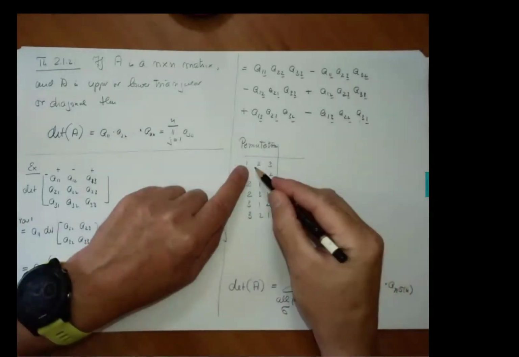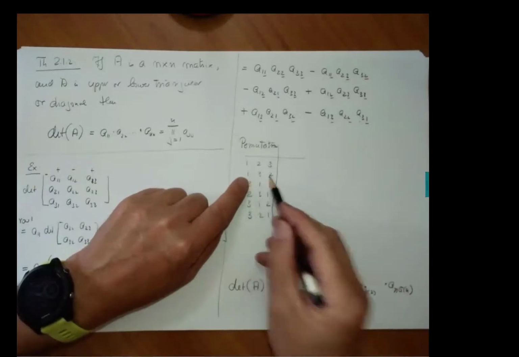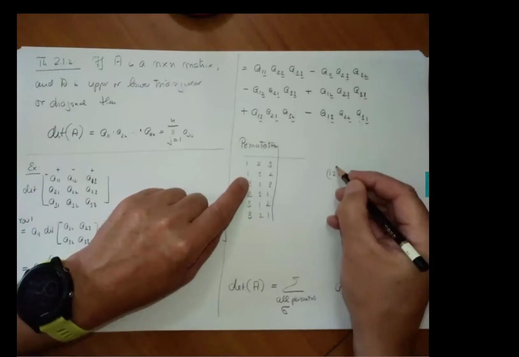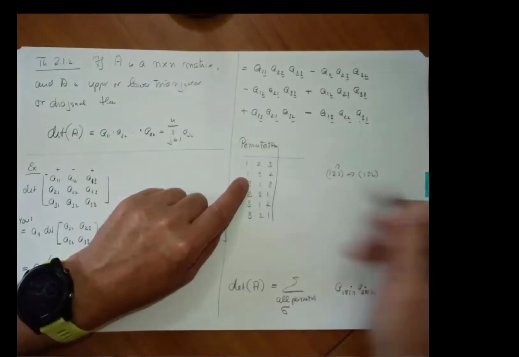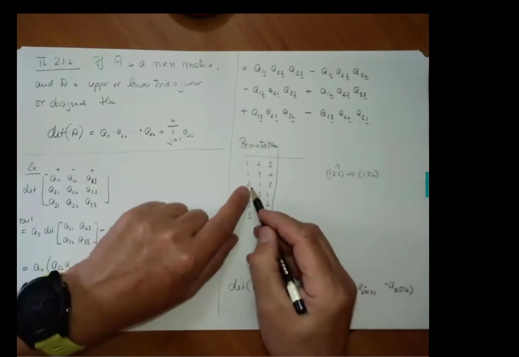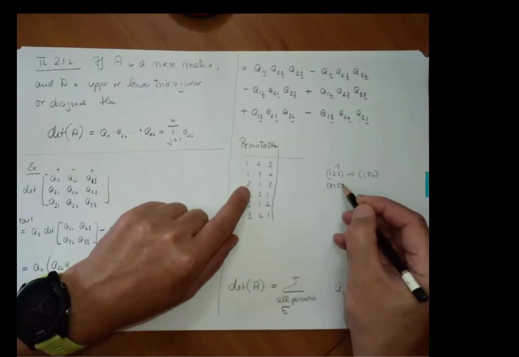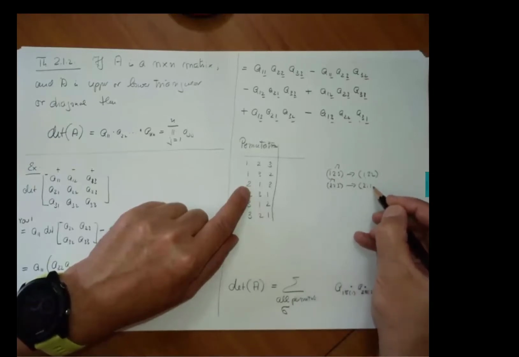So 1, 2, 3 is just 1, 2, 3. But how can we make 1, 3, 2? We go 1, 2, 3, and now I switch these 2 numbers and I get 1, 3, 2. How can I make 2, 1, 3? 1, 2, 3, and I switch these 2 numbers and I go to 2, 1, 3.